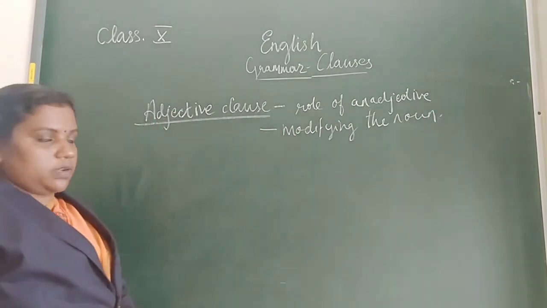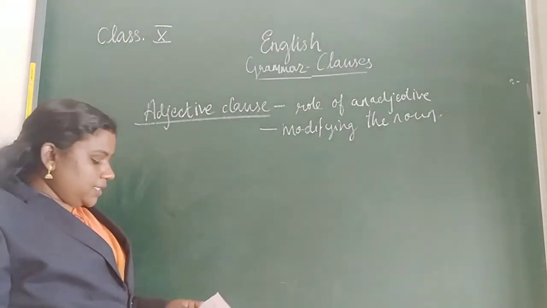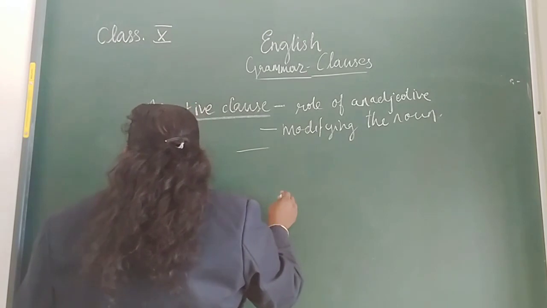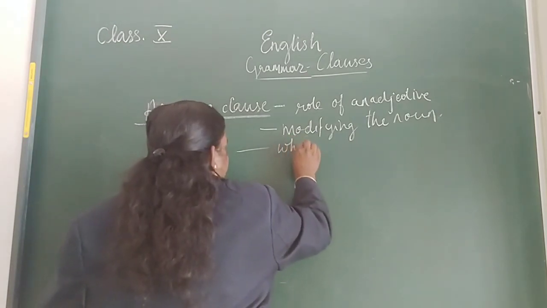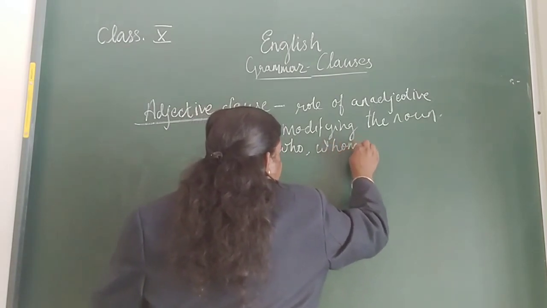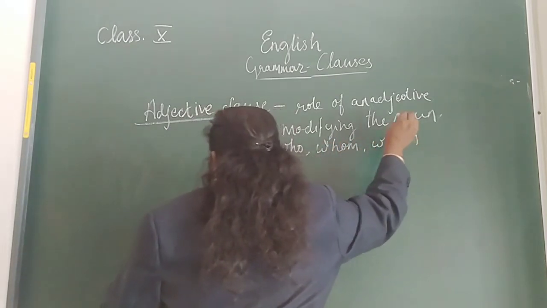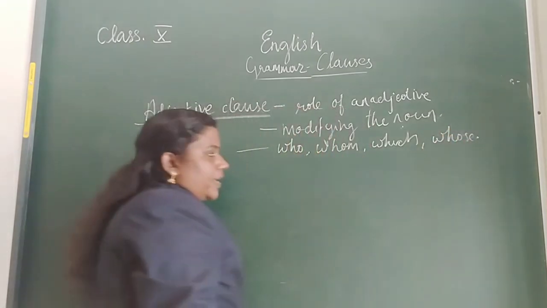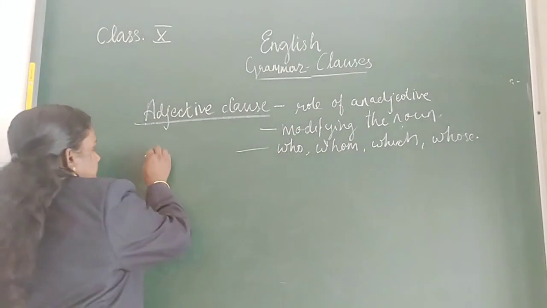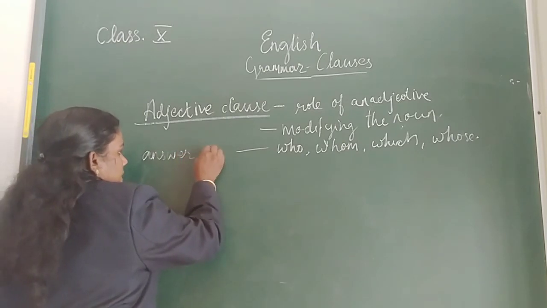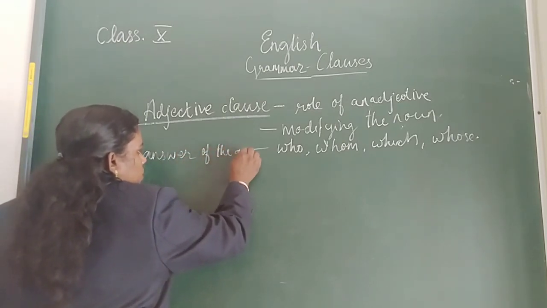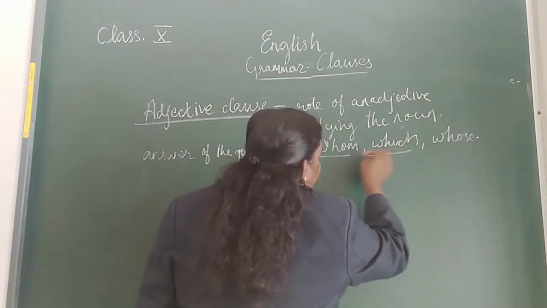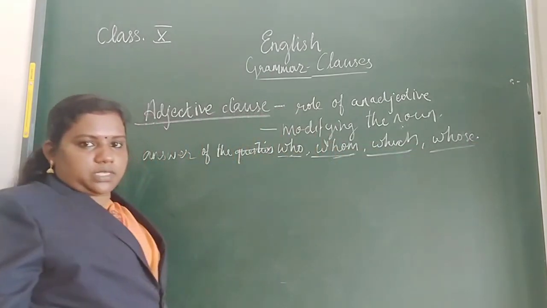qualifying the noun. And one more point, always an adjective clause is the answer for who, whom, which and whose, etc. Adjective clause is the answer of the question who, whom, which and whose.